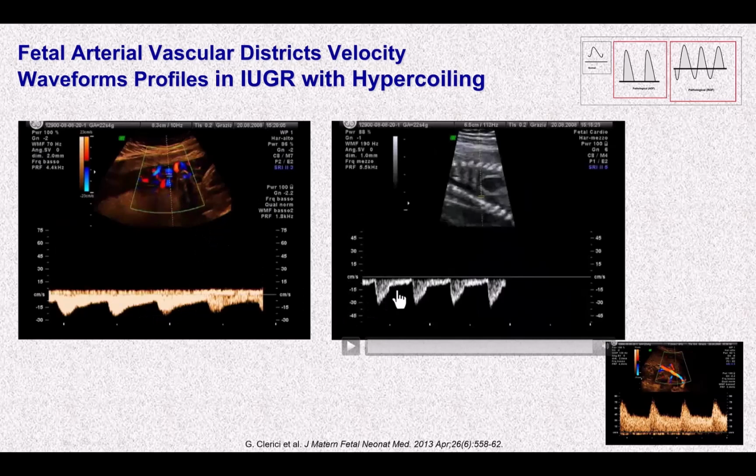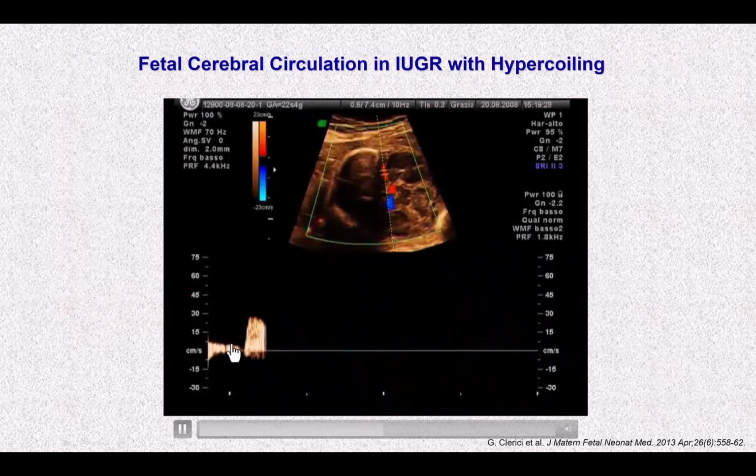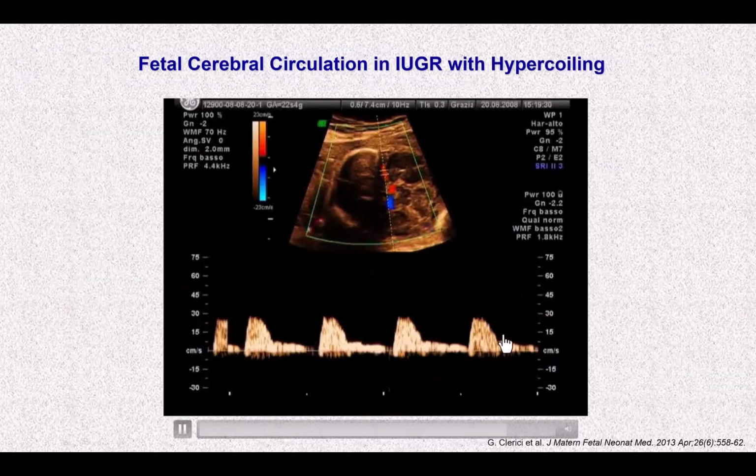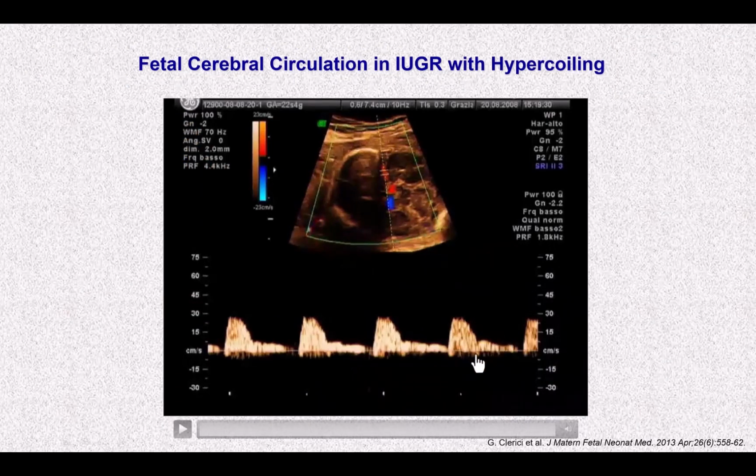For example, in the aorta, the middle cerebral artery was normal without sign of vasodilation.